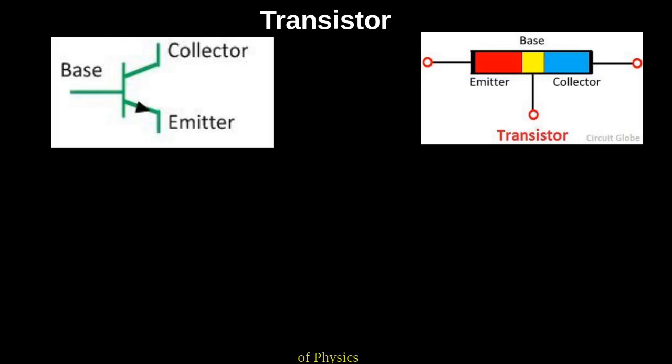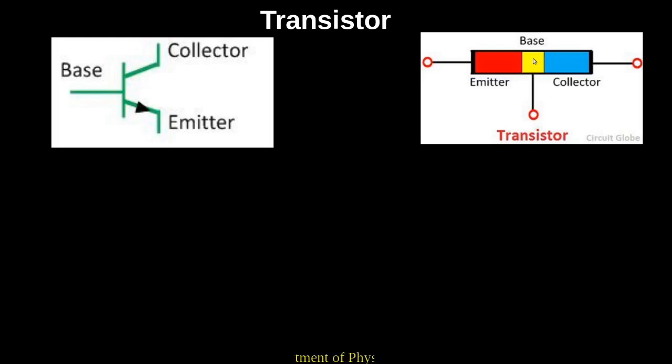As we know, the transistor has three regions, namely emitter, base and collector. Here the emitter is heavily doped so that it can transfer the heavy charged particles to the base. The base of the transistor, indicated by the yellow color, is smaller in size and lightly doped.